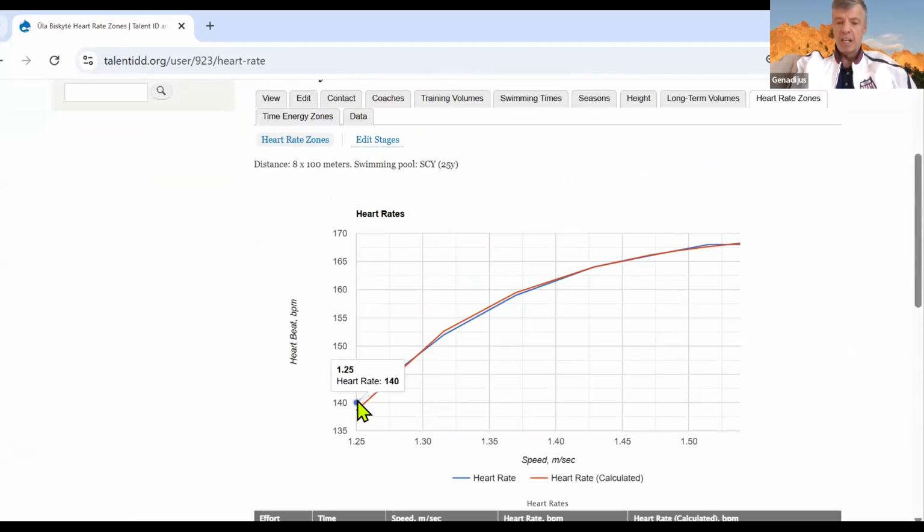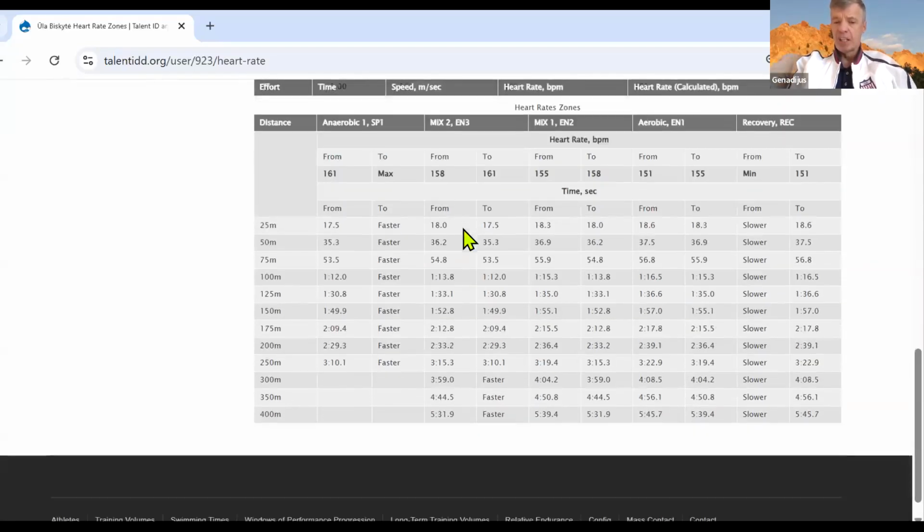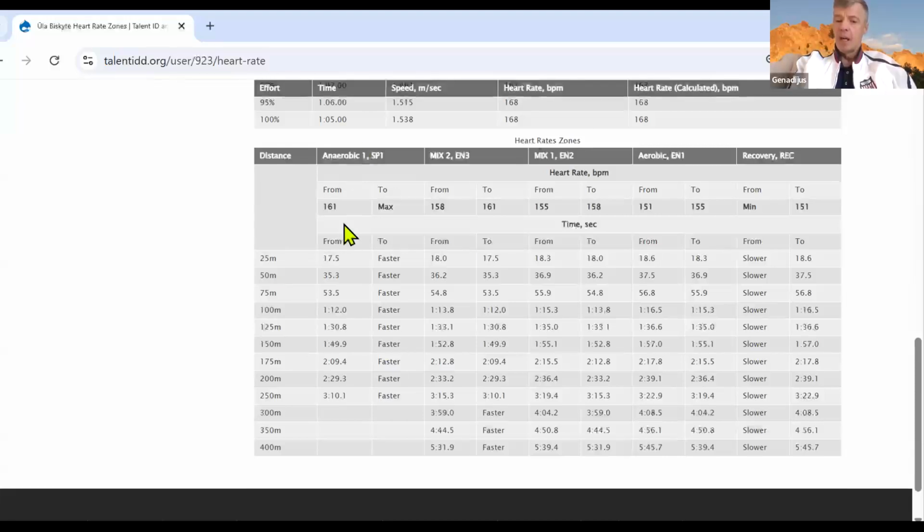Heart rate at that age was 140 at that speed, and reaches a maximum heart rate around 168. And you see below is also an example from 140 to 168, swimming from 120 slow pace up to 105 maximum 100 pace. Once you have this graph, the software will generate the energy zones in different sets.